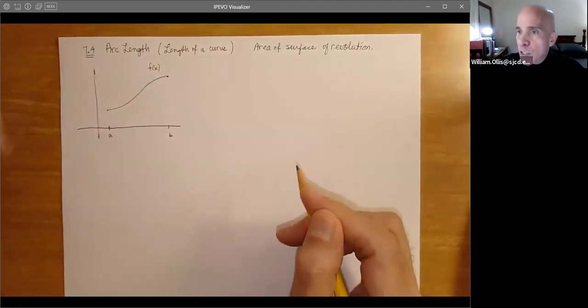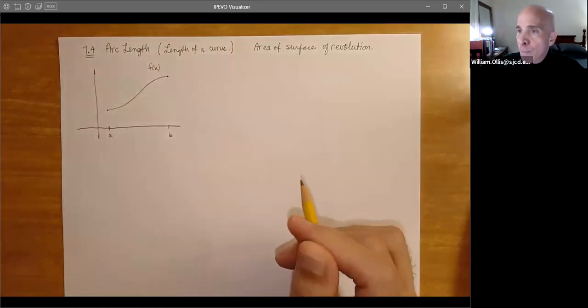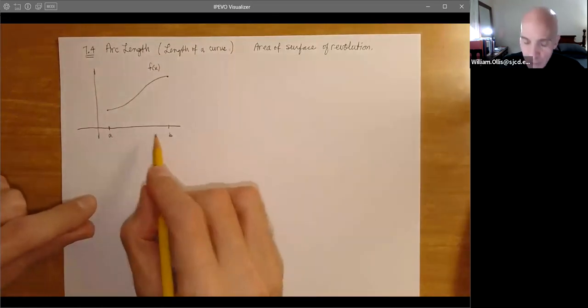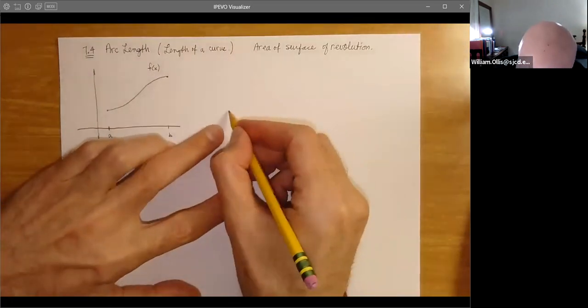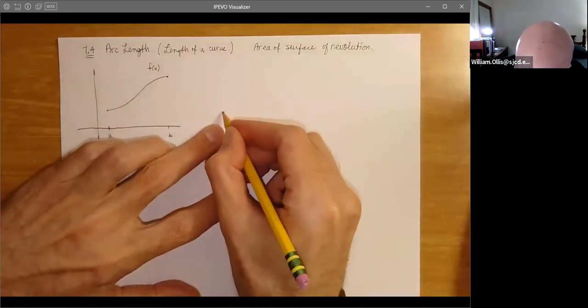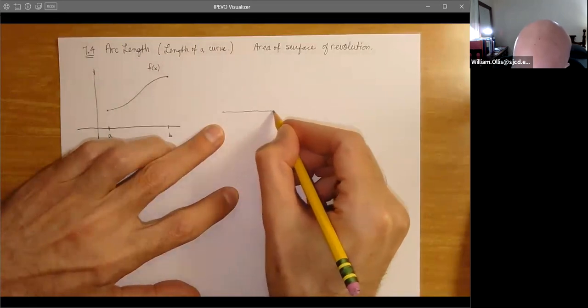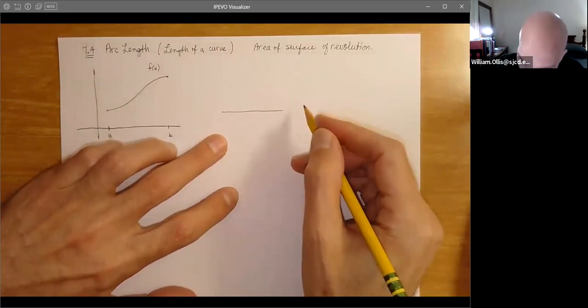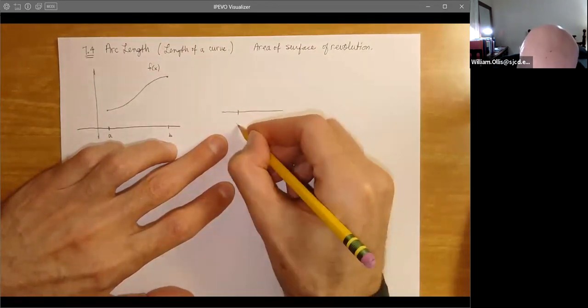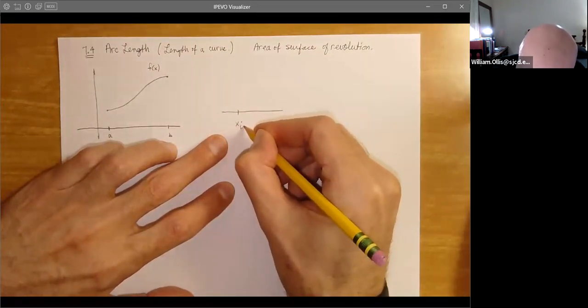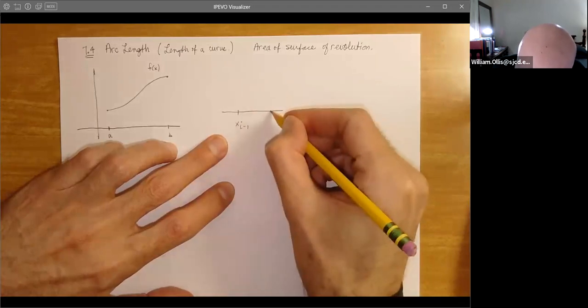And so what we want to do is take an interval. We want to partition this particular interval and look at a subinterval. So let's do that. And then, of course, we'll add this up over the entire partition and let the norm go to 0. So say we have our x sub i minus 1 and our x sub i.